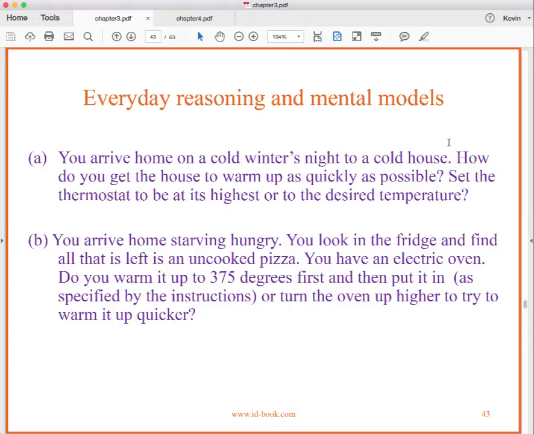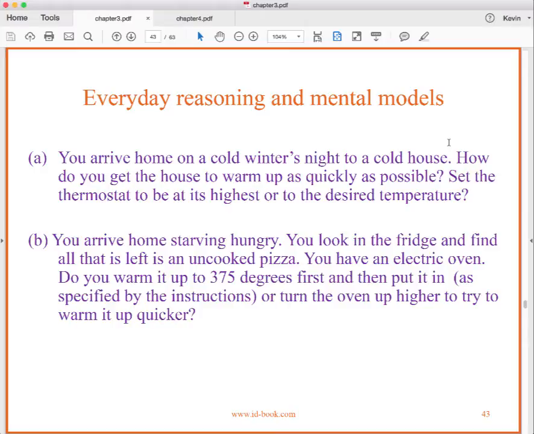A lot of really capable people will set things higher than they want with this idea that it's going to happen faster because it's higher. But the fact is that most thermostat-oriented systems apply heat at a constant rate, and they have a feedback loop whereby if you have reached the target temperature, then they turn off the heat source.